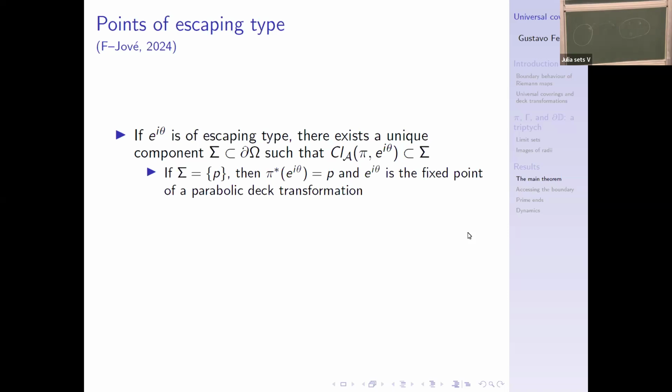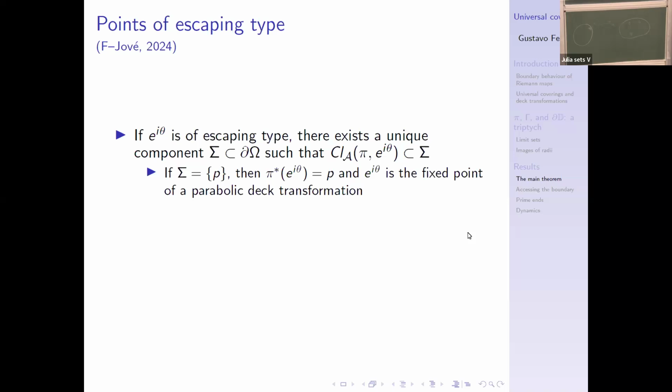If the boundary component in question happens to be a point, so a boundary point, let's say this one, then I actually have a non-tangential extension of the universal covering to I theta.